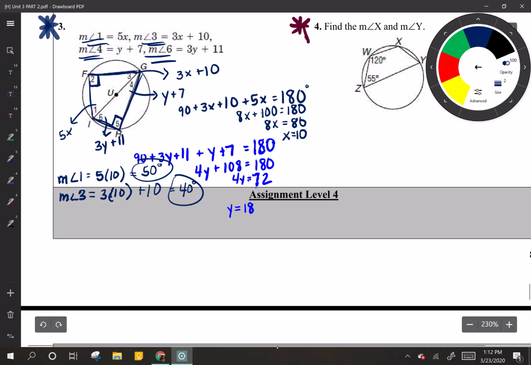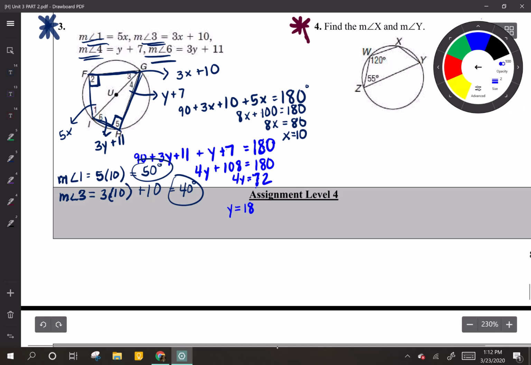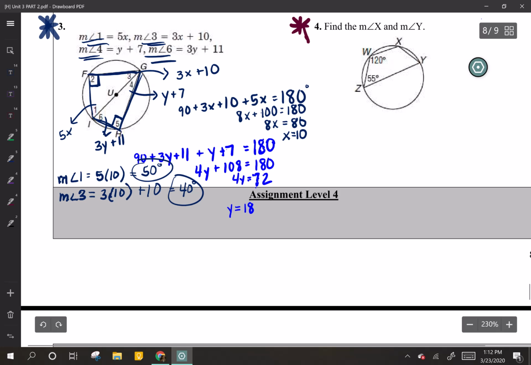And then for the last two angles, it's going to be measurement of angle 4 is 18 plus 7, y plus 7, which gives me 25.